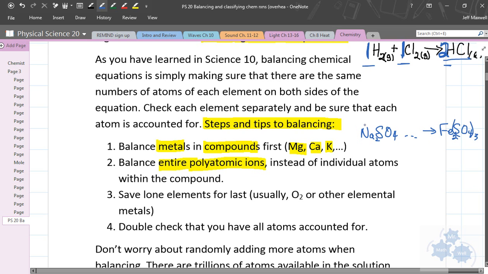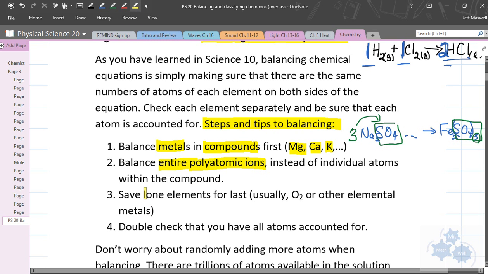So if we have this sort of thing, what I'm suggesting is look at this polyatomic ion as a whole and balance that as a whole. So there's 3 entire sulfate ions on the right side, and there's only 1 entire sulfate ion on the left side. So that's a good place to go there. So you can put a 3 here to make 3 sulfate ions, just like I have 3 sulfate ions over here. Do you get that? Instead of doing individual elements, it gets long and complicated, and you can simplify things quite a bit by balancing entire polyatomic ions. Okay.